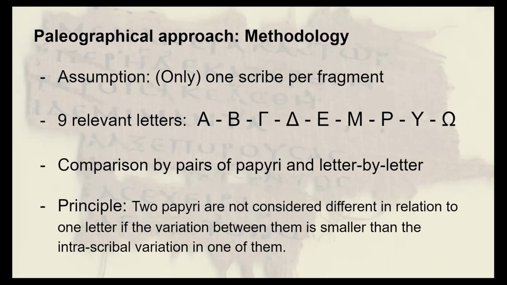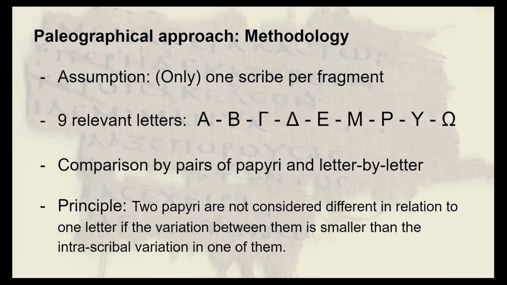Second, we looked for 9 relevant letters, this set of letters, because I thought they differed the most from one papyrus to another. And then we compared pairs of papyri, every papyrus pair by pair and letter by letter, looking for relevant differences.